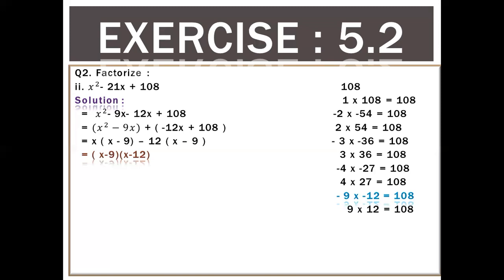When you break up the number, make the partners and take the common terms, the terms which are left within the brackets will always be the same. The power of the variable, the constant term, and its sign will be the same. x minus 9 and x minus 9. We take x minus 9 common, and the remaining term will be x minus 12.